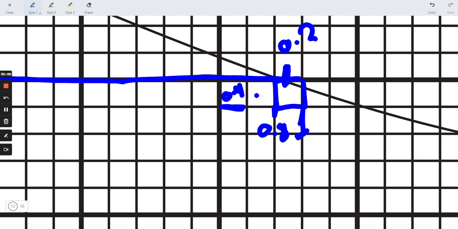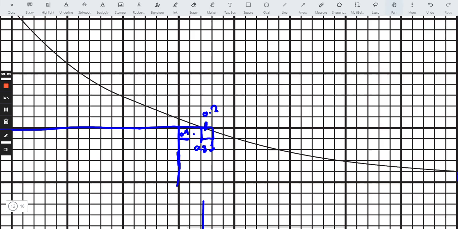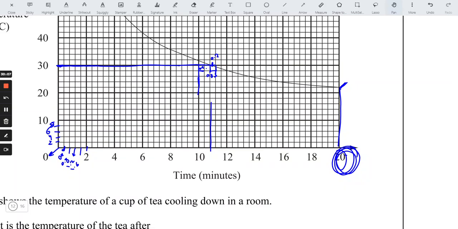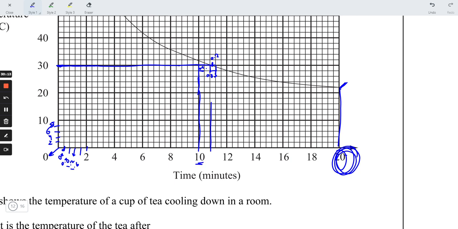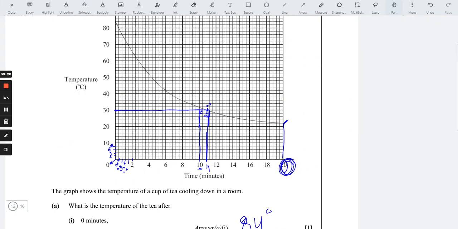So 11, because if you go down, here we have 10, so to reach this point it will be 11. Yes, it's like this.